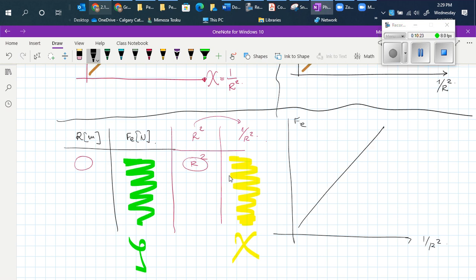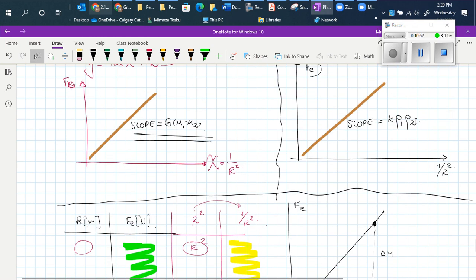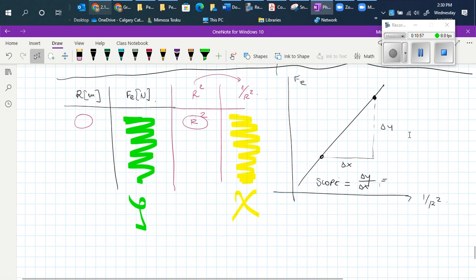Now, the slope can be physically calculated, because the slope is delta y over delta x. And this slope, you now know from the concepts that we treated before, is equal to k q1 q2.